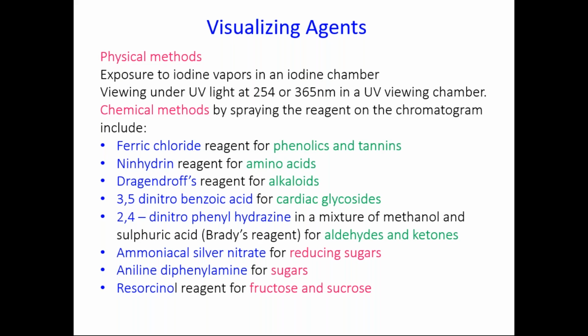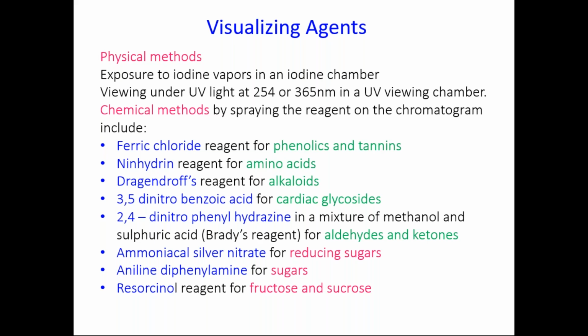So you can expose it to iodine and mark off the spots, or you can view it under UV light at 254 or 365 nanometers in a UV chamber. Chemical methods are destructive methods. The physical methods are non-destructive, so you can collect your analyte. But the chemical methods are destructive, giving different colors.